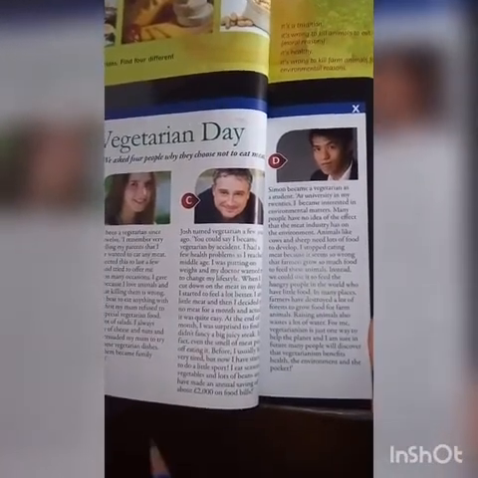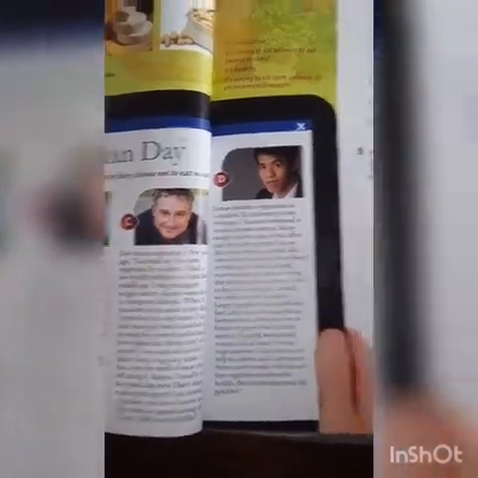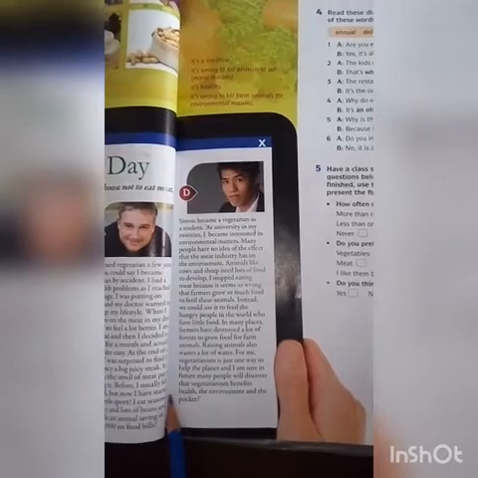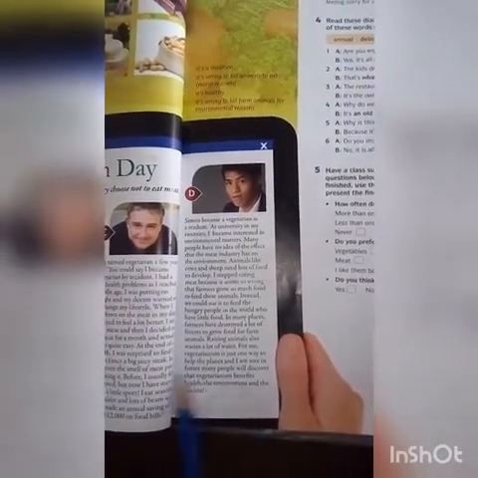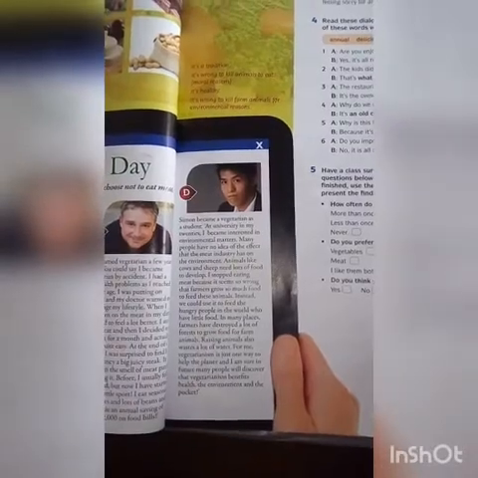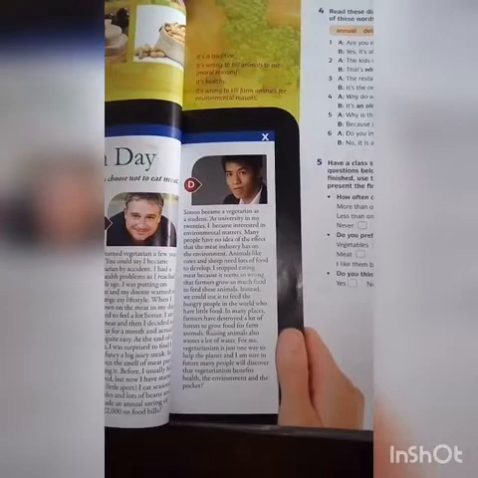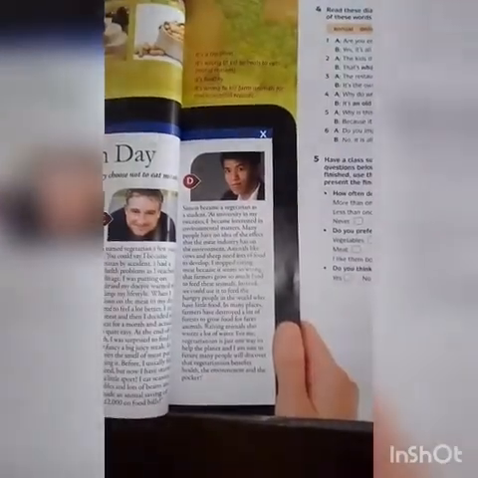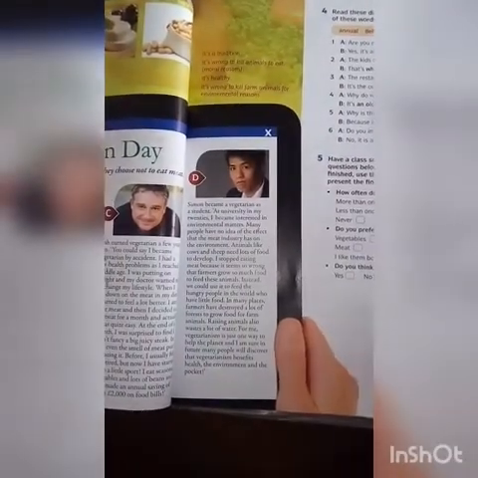So you're going to discover more reasons why he decided to be vegetarian. The last person here is against eating meat. So that's why he decided to be vegetarian, because of the planet, because of many reasons. We know that the planet is being destroyed, so that's why he decided to be vegetarian.